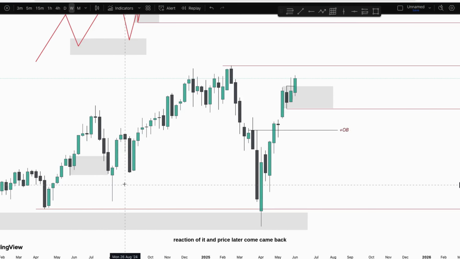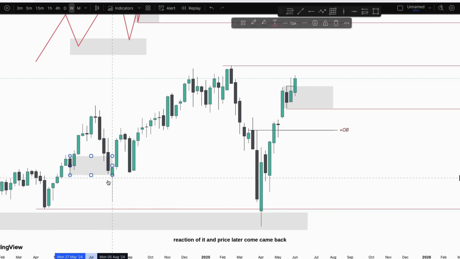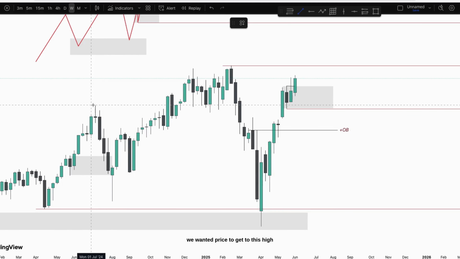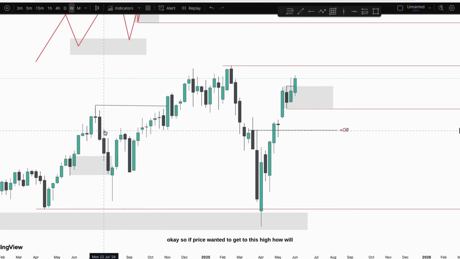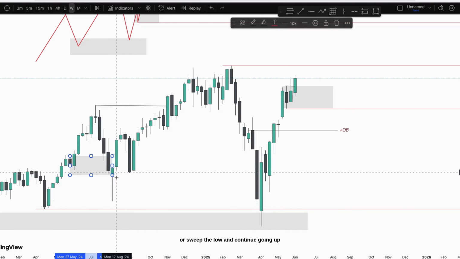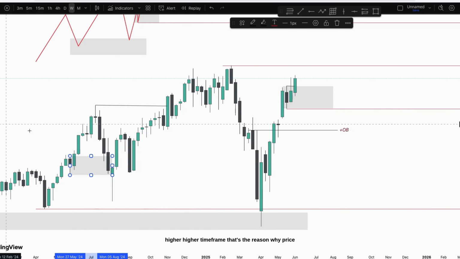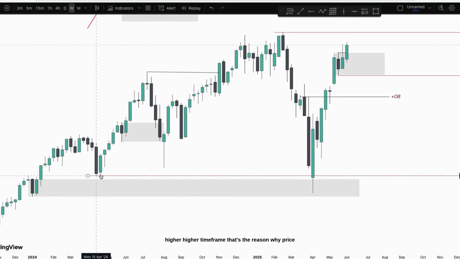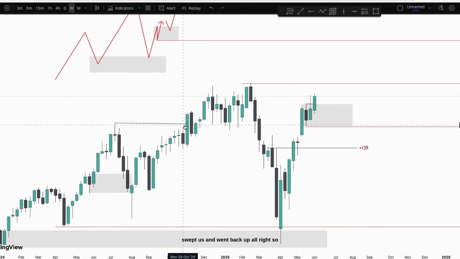We had a first reaction of it, and price later came back and swept the low and continued going up because we wanted price to get to this high, okay? So if price wanted to get to this high, how will it get to that high? It can either get to it from here or sweep the low and continue going up, all right? Look at price, it's always doing the same thing, all right? Even on a higher time frame, that's the reason why price swept this and went back up, all right?